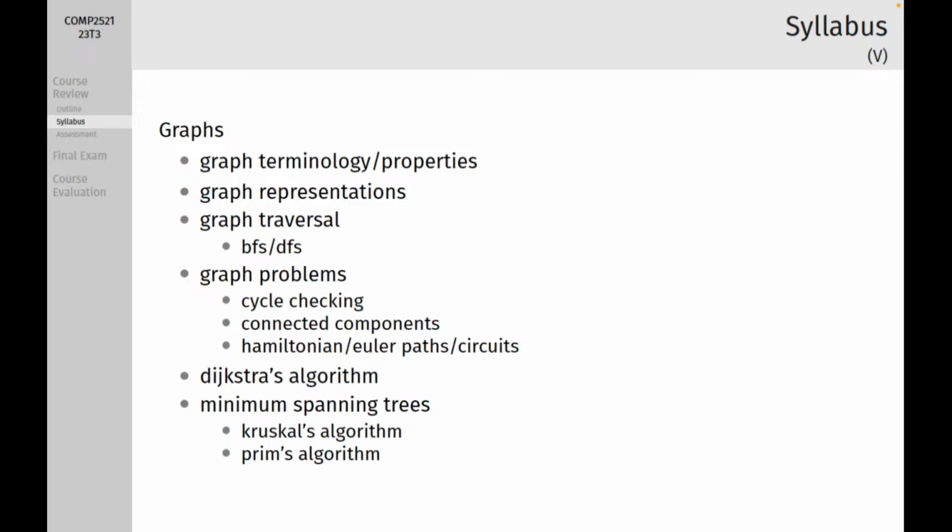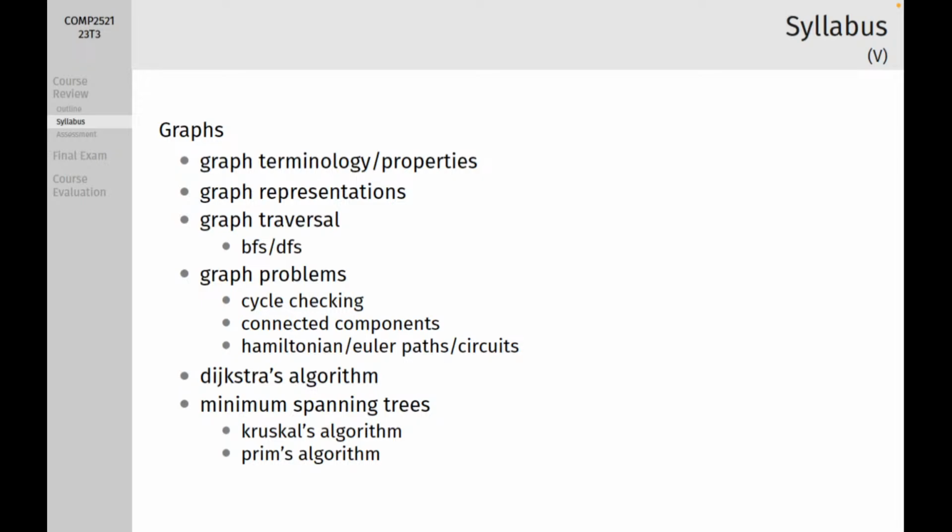We looked at 3 main kinds of representations for graphs, which were adjacency matrix, adjacency lists, and array of edges. And we analyzed each of those. Then we went on to look at graph traversal. So, given a starting point, traverse all the nodes, vertices of the graph.